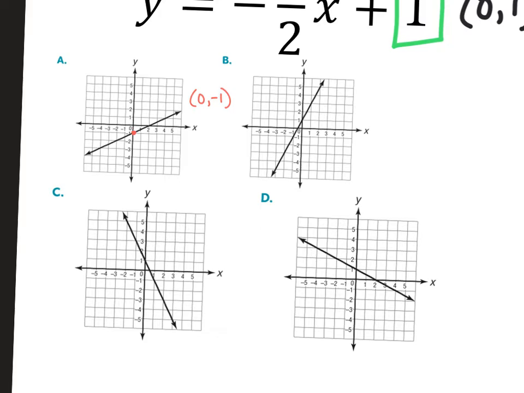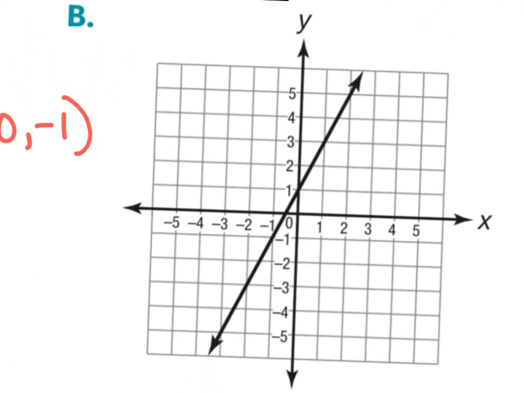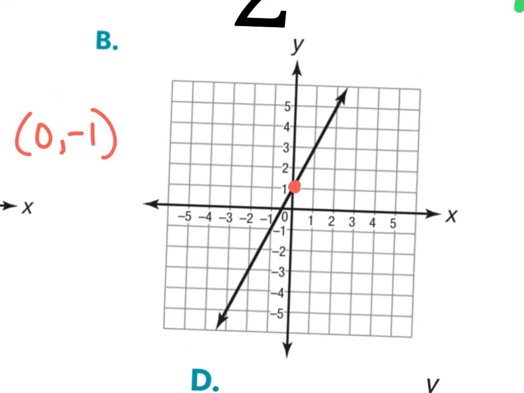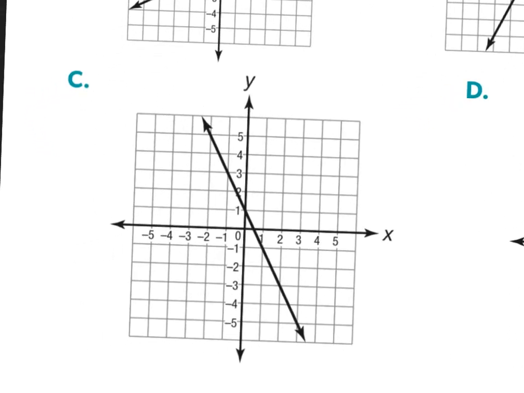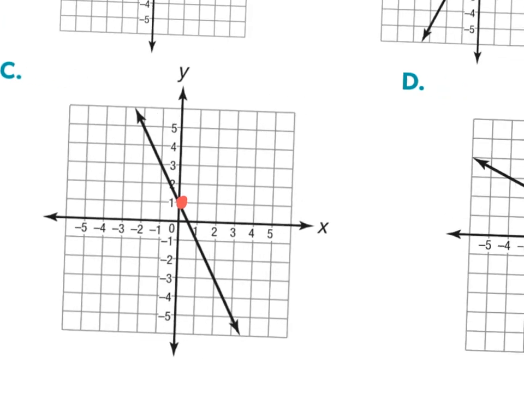B, right? So I'm going to mark B for you. Look, does everyone see the y-intercept of 1 here? The line crosses the y-axis at 1. I'll zoom out. We'll look at C. Does C have a y-intercept of 1? Yes, right?